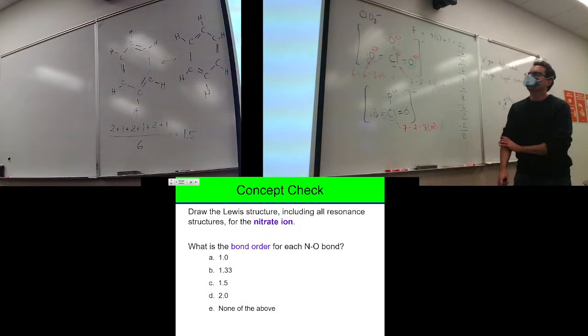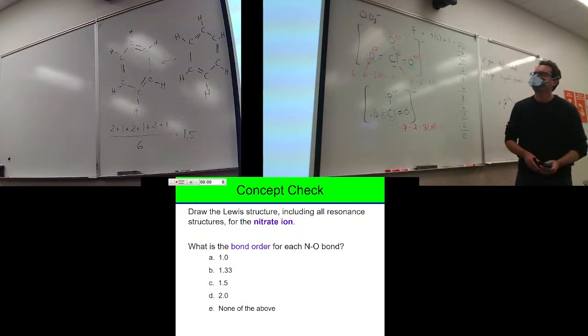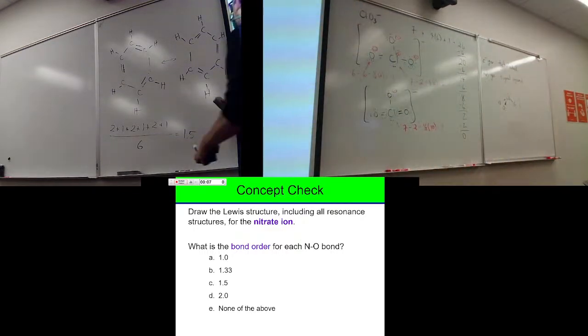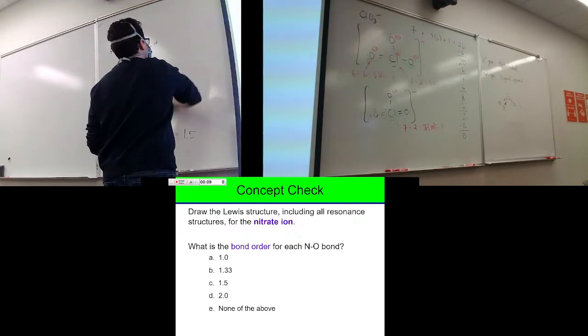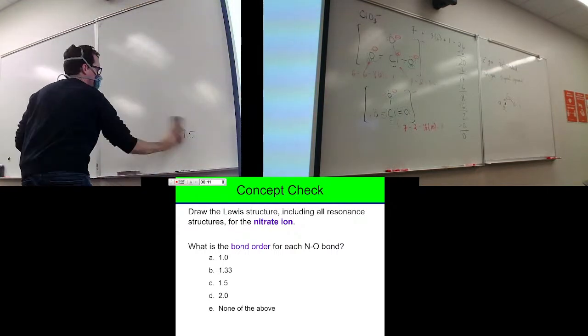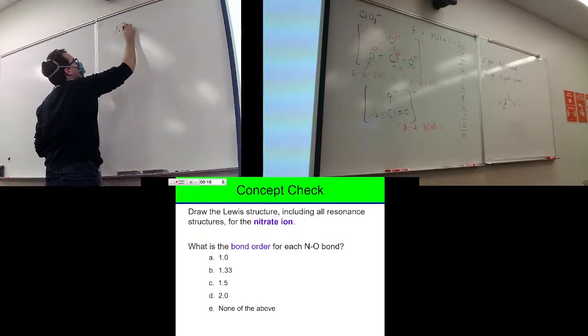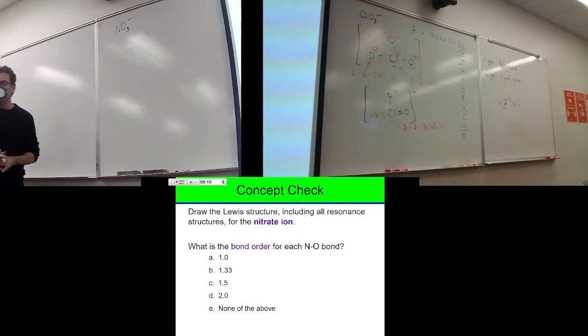So, let's try this. Let's do nitrate ion. And if you've forgotten what nitrate ion is, it is NO3 minus 1. What is the bond order between the nitrogen and oxygen in nitrate? There's a lot to do.